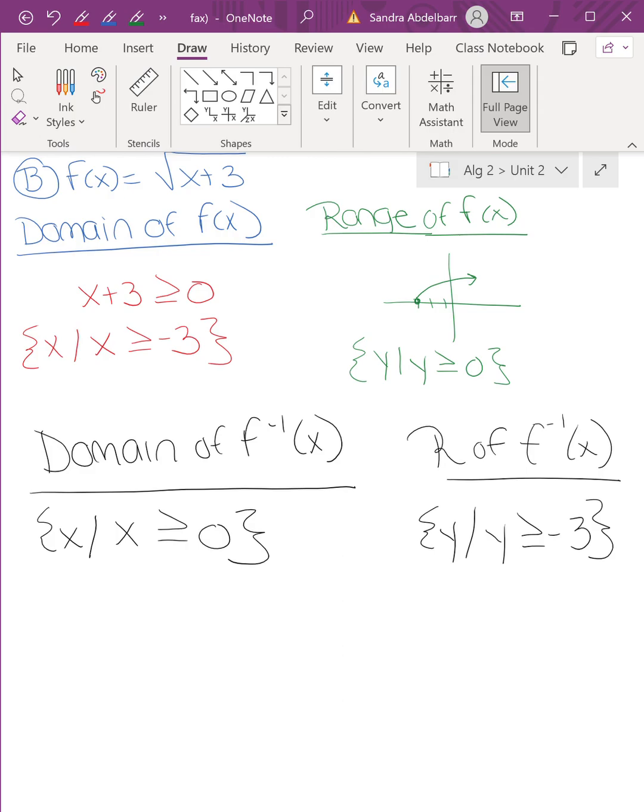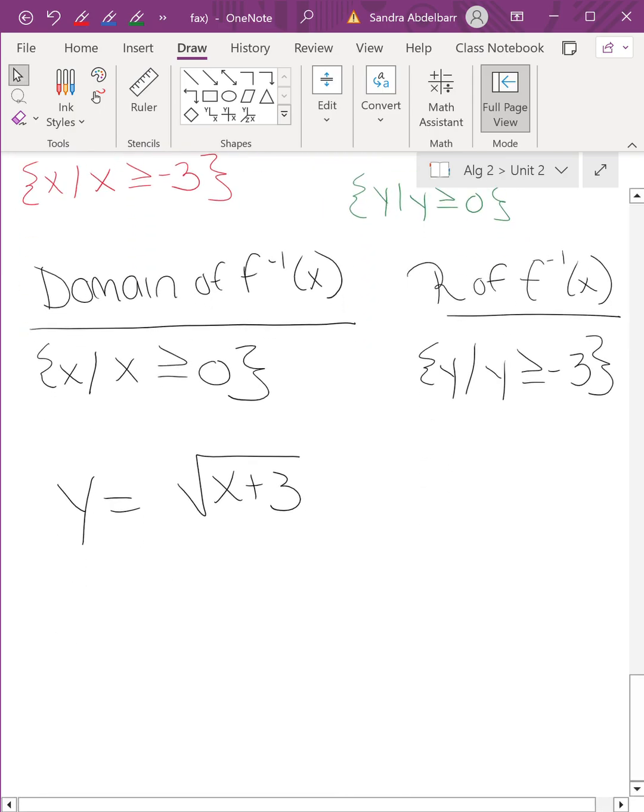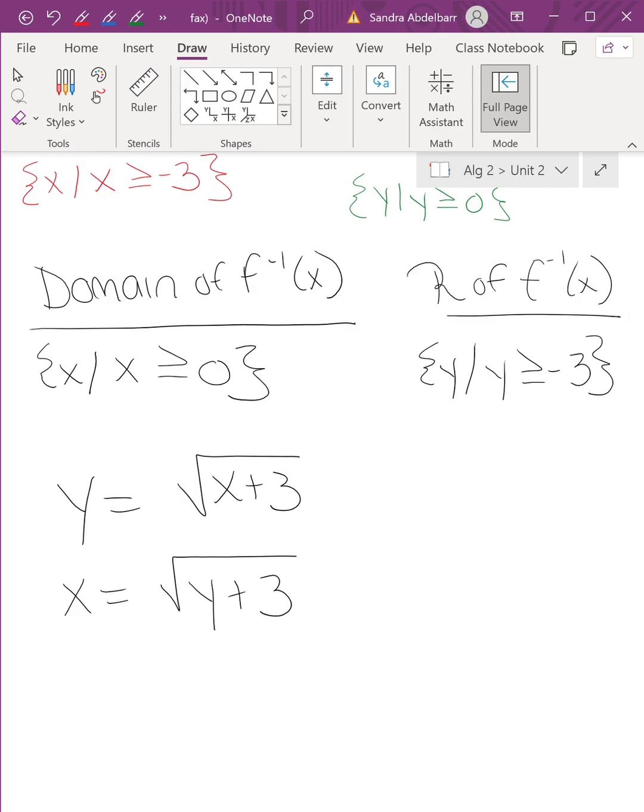All right, so now could we work on the algebra portion of this to find the equation of the inverse? So I'm going to take y equals the root of x plus 3. And what did I say to do? Take x and y and do what with them? Switch them. So I'm going to have x is equal to the root of y plus 3. But now I need to solve for y. How am I going to solve for y?